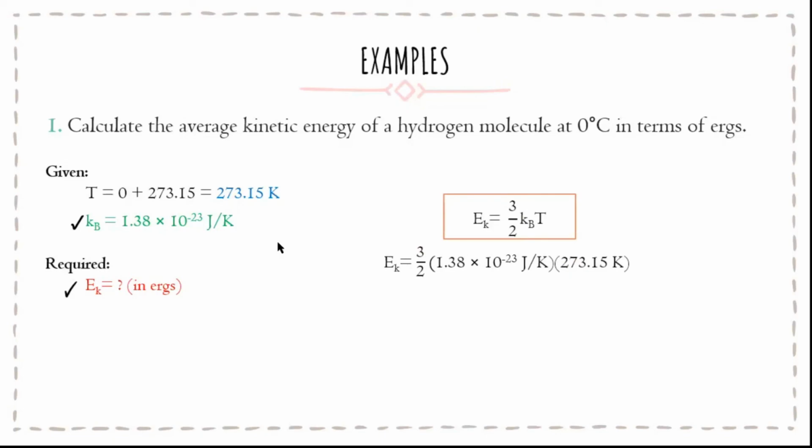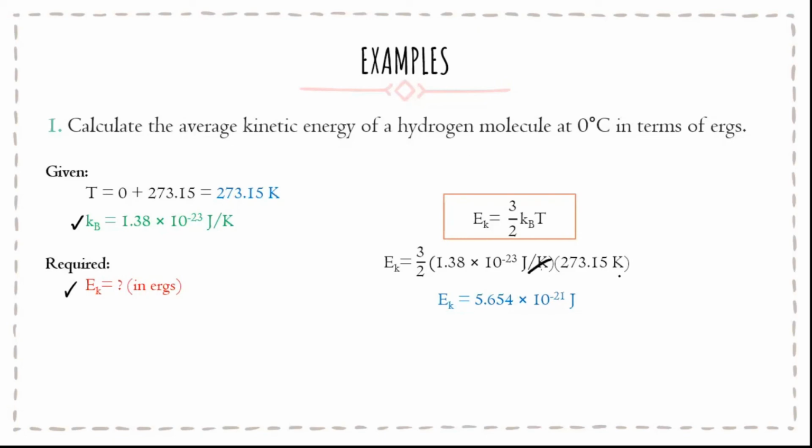So, kahit temperature lang ang given sa inyo, you can actually calculate for the kinetic energy. Okay, so substituting everything we have, we can have the kinetic energy equal to 5.654 times 10 raised to negative 21 joules.